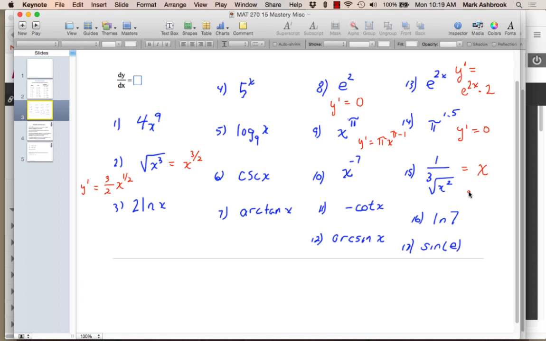Yeah. Negative 2/3, right? Negative because it's in the denominator. The numerator of the exponent is the power. The denominator of the exponent is the root. And so keep going. Derivative is negative 2/3. X to the, right.